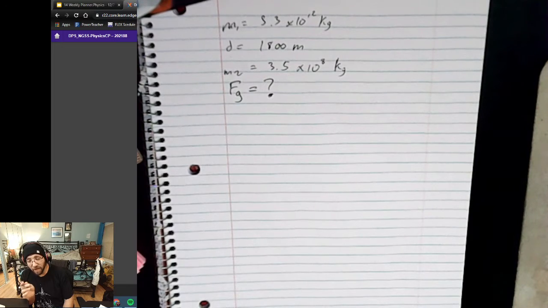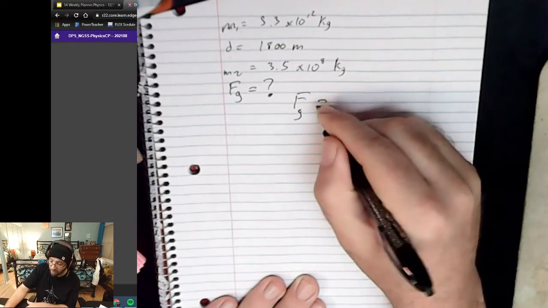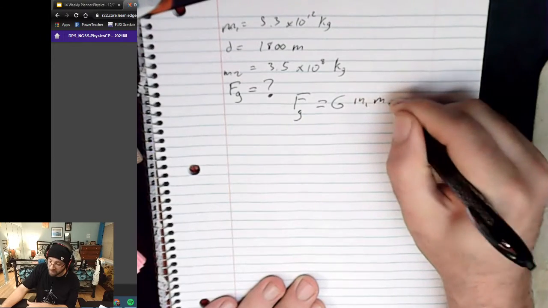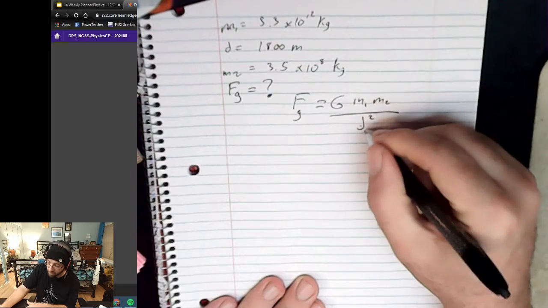However, that is not what's happening in this problem. Remember, this is two satellites, and we're talking about the force between them. Okay? So we need to use the universal gravitational equation. Fg equals capital G times m1 times m2, all divided by the distance squared.